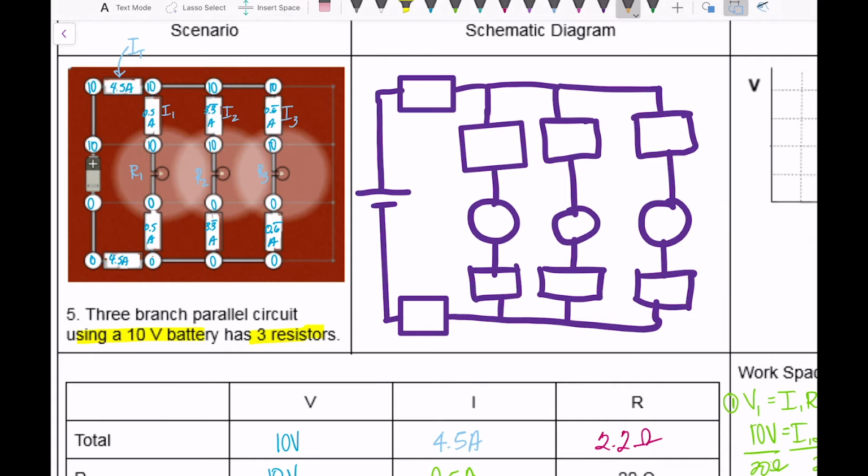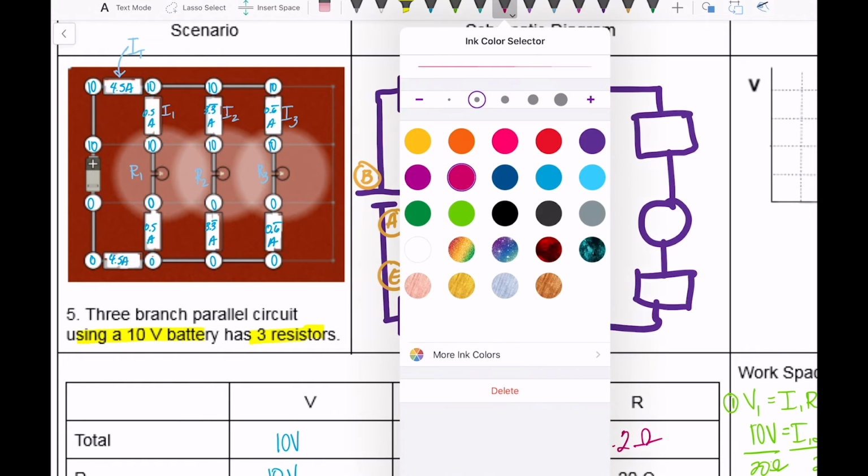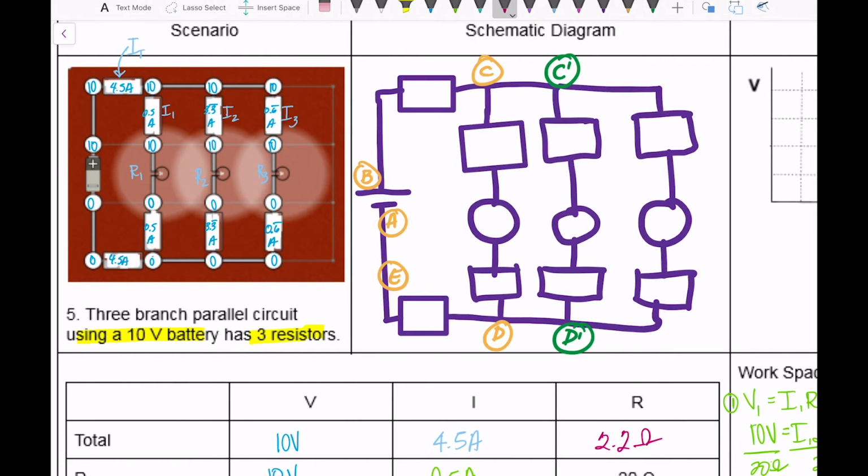All right, and so we've got A, B, C, and then D will just be at the bottom here, and E can be on its way back. Now we have a C prime, of course, and a D prime. Now that we have a third branch, we're going to call that C double prime and D double prime.